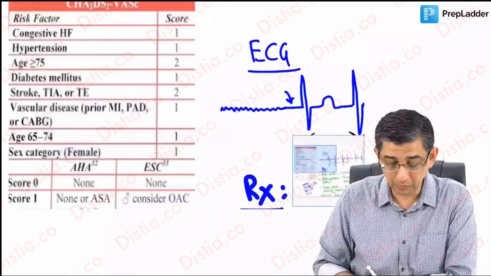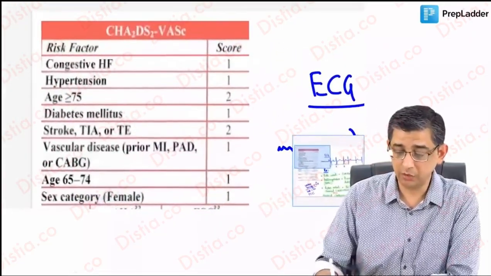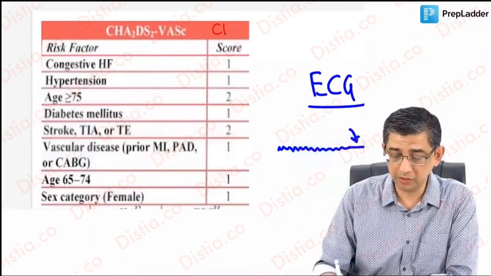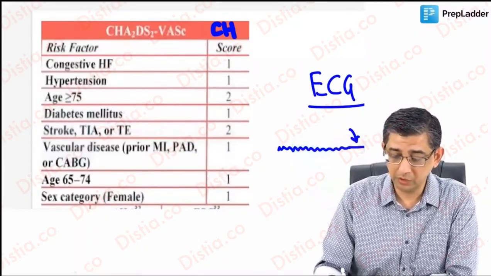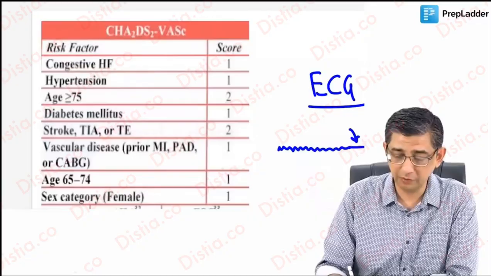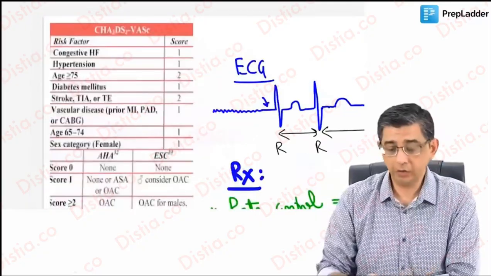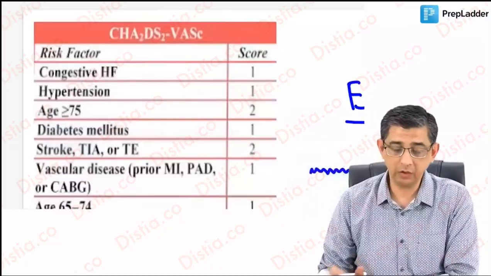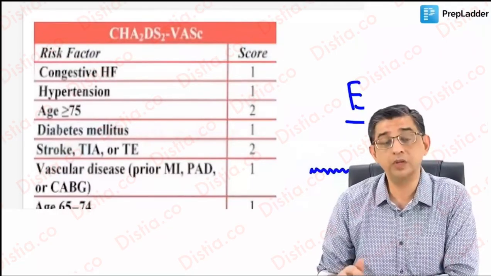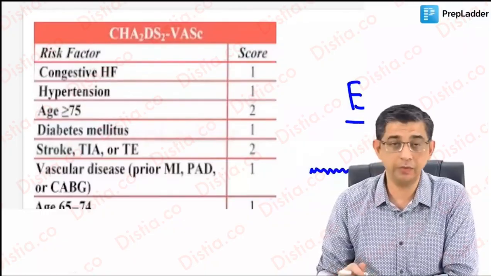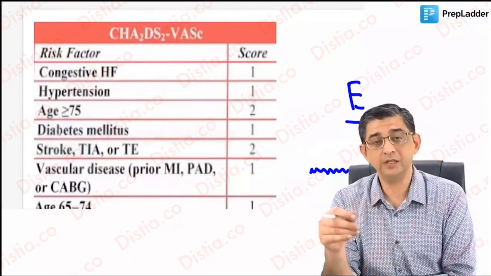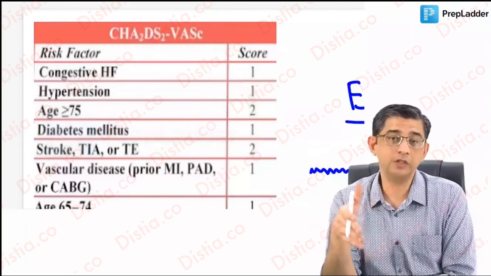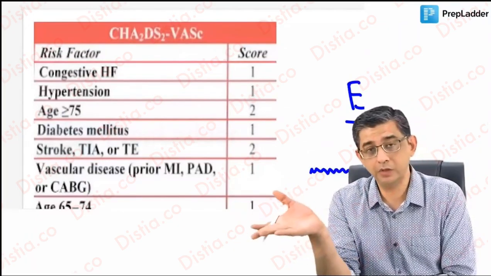Therefore, to resolve this problem, they have a special score, and this score is what I want you to remember, or is the objective of the discussion now. This score is very frequently asked. So I want you to remember this score, which is called the CHA2DS2-VASc score, where certain components which are present would help you decide for oral anticoagulation. I repeat the facts once again. I said, guys, in a person with atrial fibrillation, if the clots are too small in size, they may not be visualized on echo.